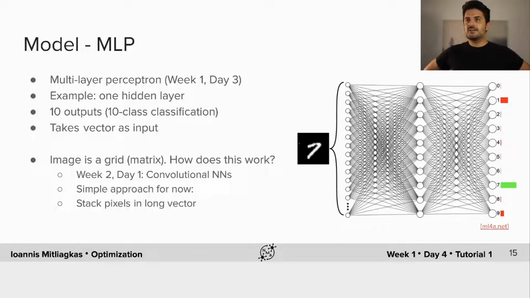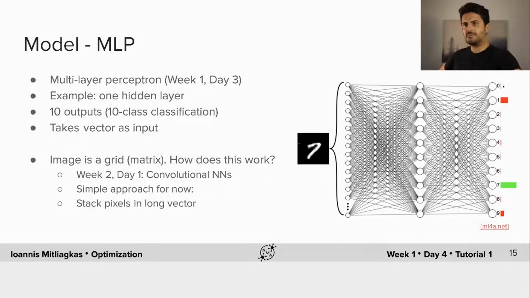So this is one particular example of what we're trying to achieve. On this visualization, on the left, we have an image coming in that looks maybe like a 7, or maybe also kind of like a 1, and we will give it to our multi-layer perceptron. In this particular case, we have one hidden layer.